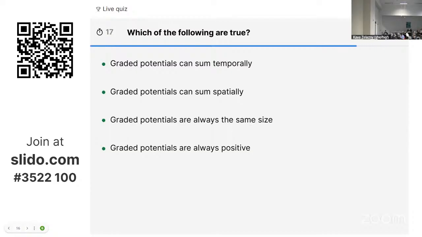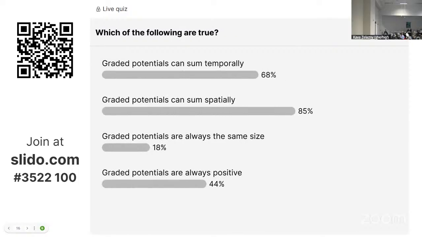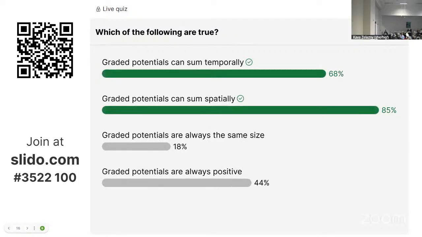We also talked about how graded potentials relate to each other if we have multiple. What can we do here? A little hint with how I described it. What we want to know about graded potentials is we might have multiple signals, multiple stimuli.